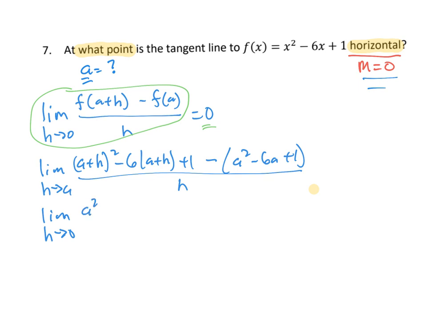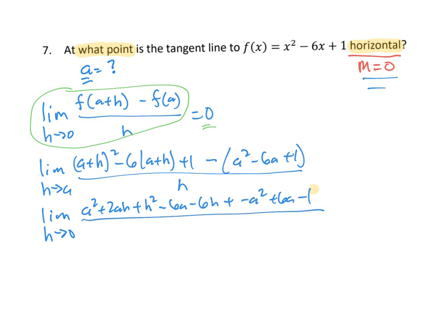It's going to be a squared plus 2ah plus h squared minus 6a minus 6h plus 1 minus a squared plus 6a minus 1, right? You distribute that negative sign. And if everything went according to plan, a whole bunch of stuff cancels. So I've got an a squared and a minus a squared. I've got a negative 6a and a plus 6a. Ooh, I missed this plus 1 right here, didn't I? There's a plus 1 in here.